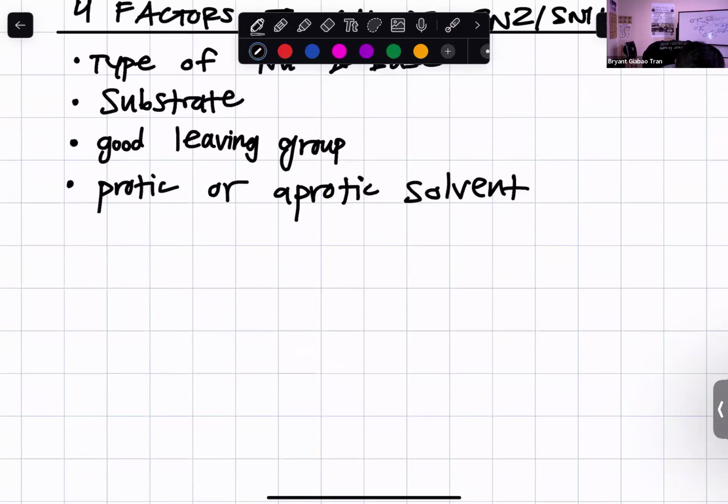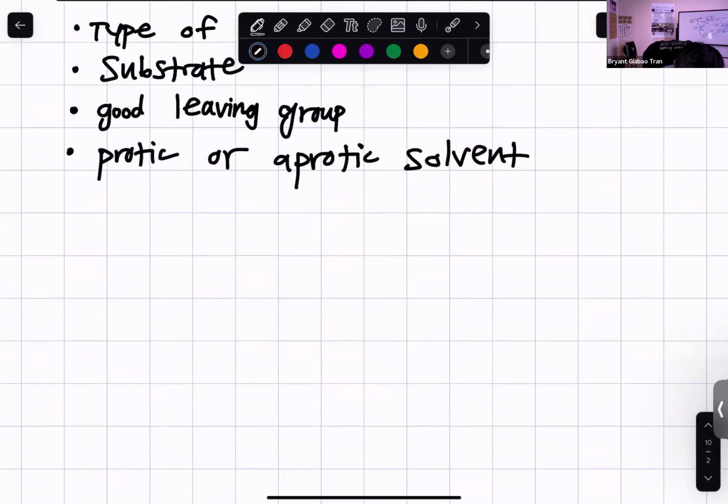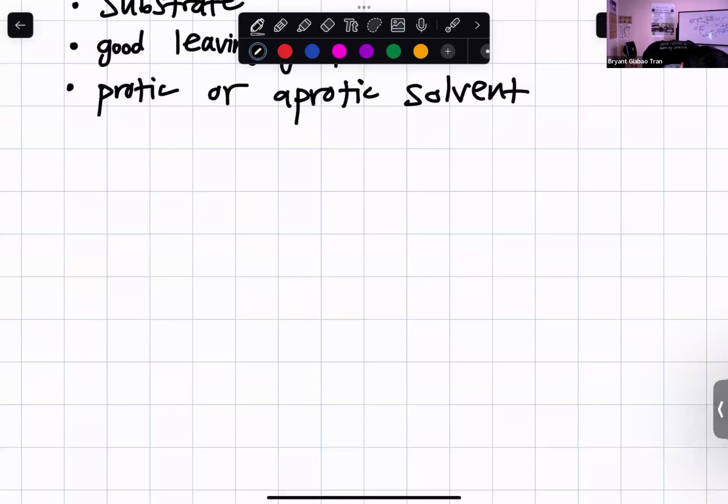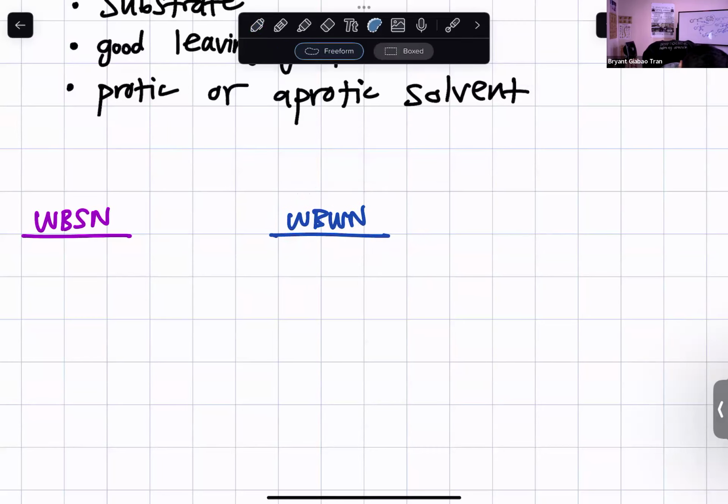Okay, so I'm going to show you the different types of nucleophiles and bases. You could either have a weak base, strong nucleophile. You could have a weak base, weak nucleophile. You could have a strong base, strong nucleophile.